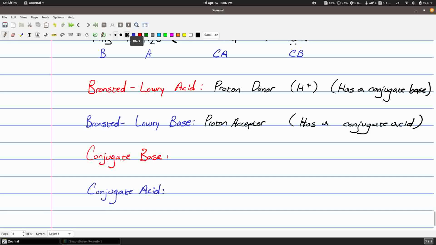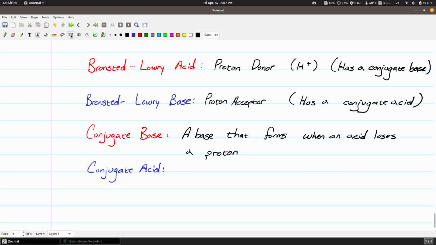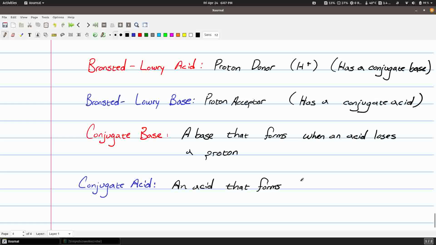So our conjugate base is a base that forms when an acid loses a proton. Our conjugate acid is an acid that forms when a base gains a proton.